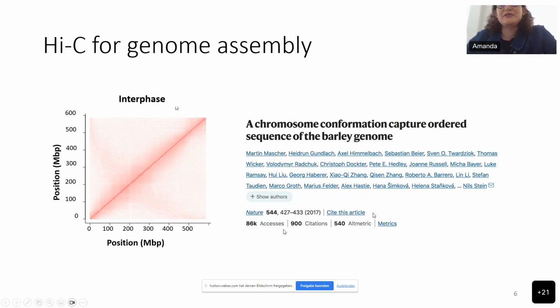So early in 2017, it helped the genome assembly because when the genome is wrongly assembled, it's easy to see in the matrix that there will be some parts inverted and gaps and strong, very discrepant signals around the diagonal. But this would be a very clean Hi-C matrix, but for interphase.